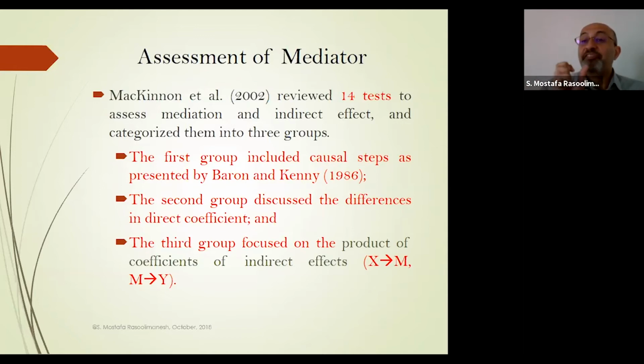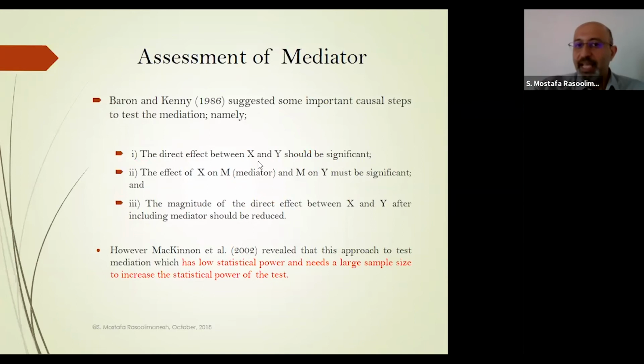Then the effect of IV on M should be significant. So the direct effect before including the mediator, IV and DV, should be significant. The effect of X on M and M on Y should be significant. So this is the second step, now talking about significance.